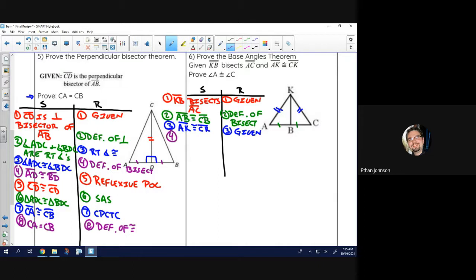Out of givens, so triangle look-for list. First question, does it look like a bow tie? Nope. They share a side though. So that is our reflexive property of congruence, meaning KB is congruent with KB.